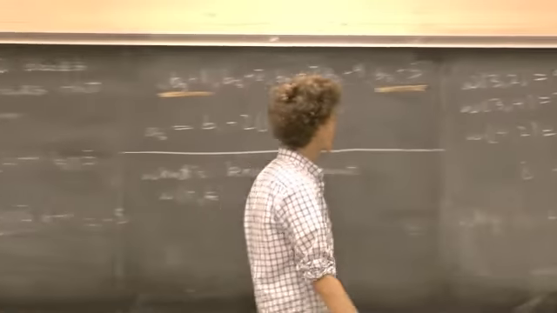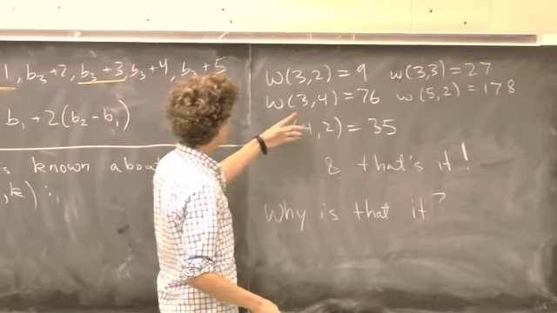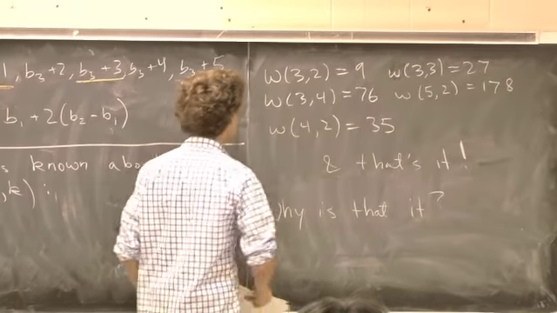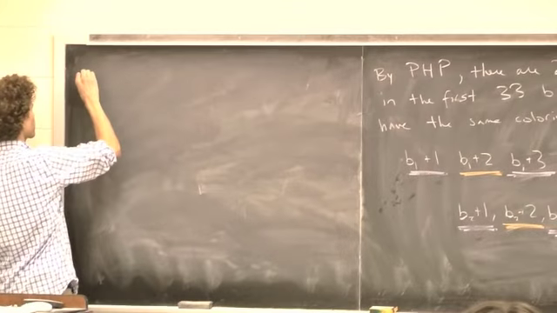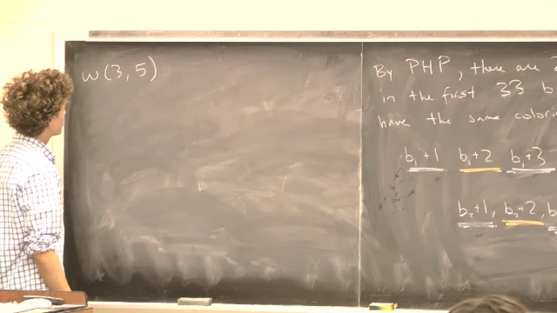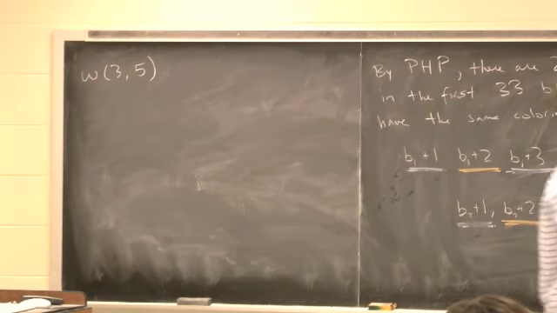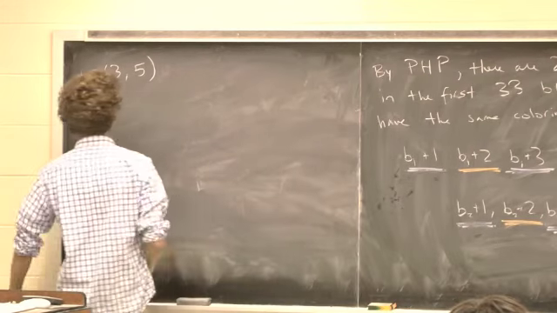So what's the easiest thing that's missing? Maybe W(3,5). W(3,5) is not on there. Oh, yeah, the two-color ones are easy. So what about W(3,5)?